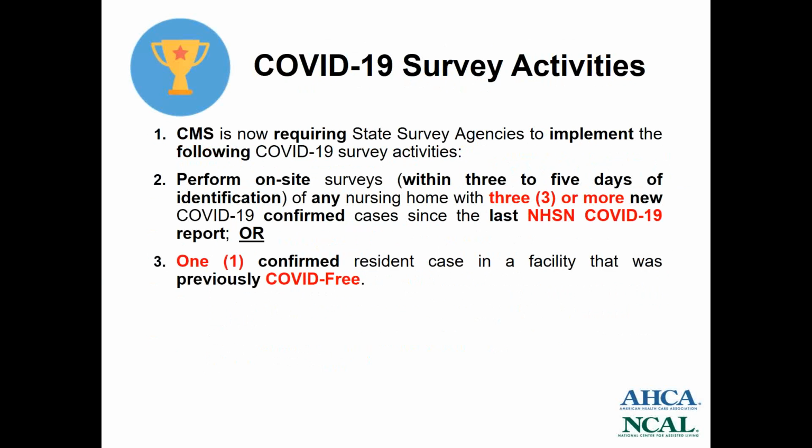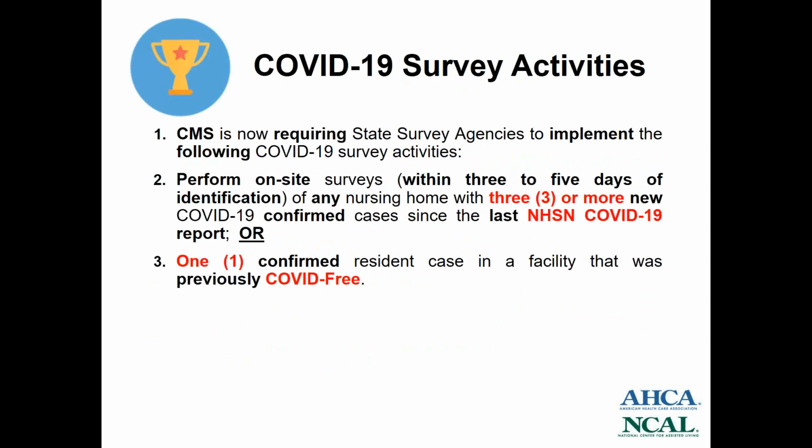Addition to that is that if you have 1 confirmed resident case in a facility that was previously COVID-free, not COVID-free for a period of time, but you're essentially reporting your very first confirmed COVID case in your center for the year. You've not had to deal with it before. That's going to prompt also within 3 to 5 days an on-site survey.